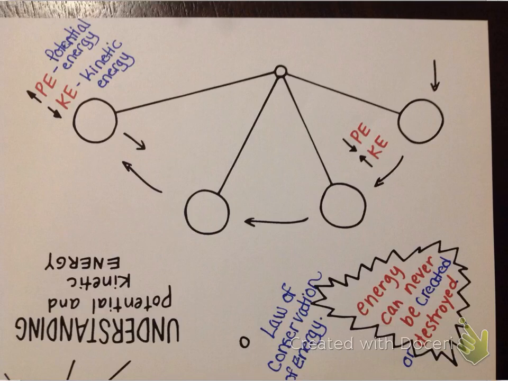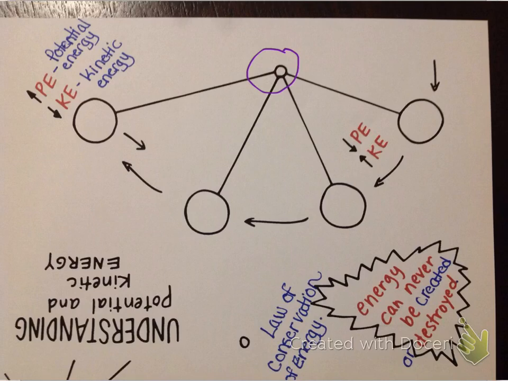Okay, so in this diagram or drawing we see, you could say it's like a pendulum or a ball attached to a string, and it is swinging. This is a fixed point, okay, that's holding it. You see these terms PE and KE. Well, PE means potential energy.